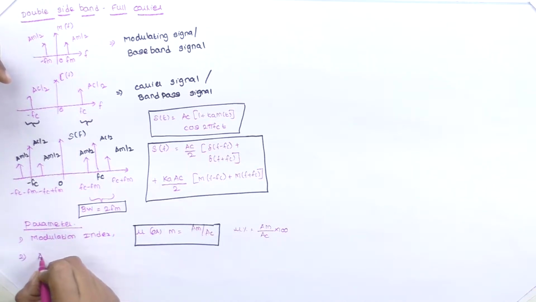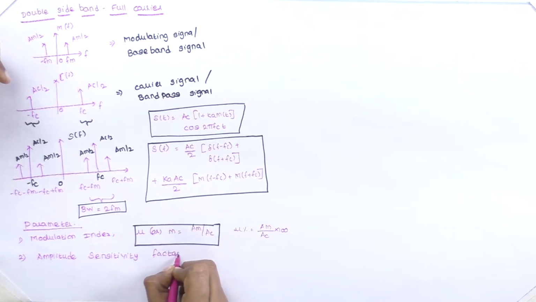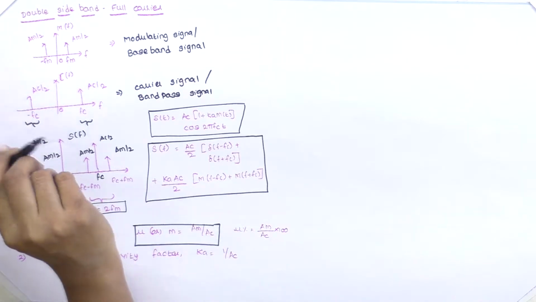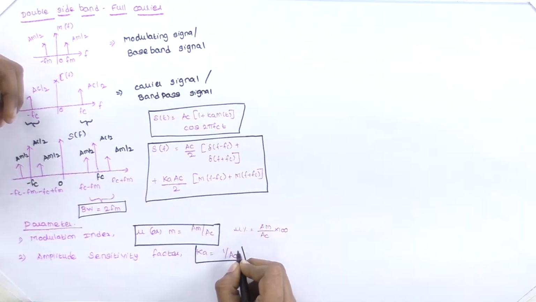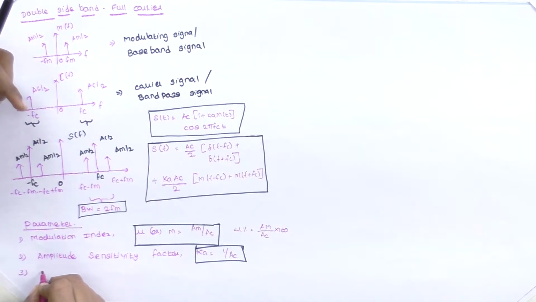Second term is the amplitude sensitivity factor of the modulator. It is referred to as Ka, which is equal to 1 by Ac. And the third one is bandwidth, which we have seen just now.